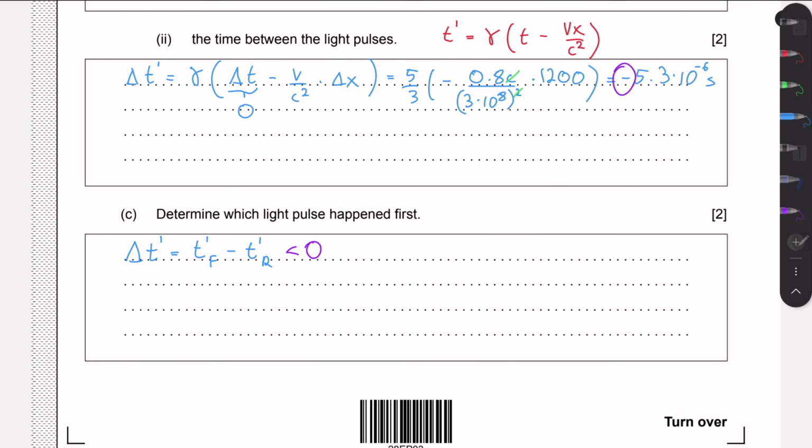And so what we can say is that t prime F is smaller than t prime R. So this means that F happened at an earlier time than R, as the time at which it happened is smaller. So F happened first, according to the spacecraft.